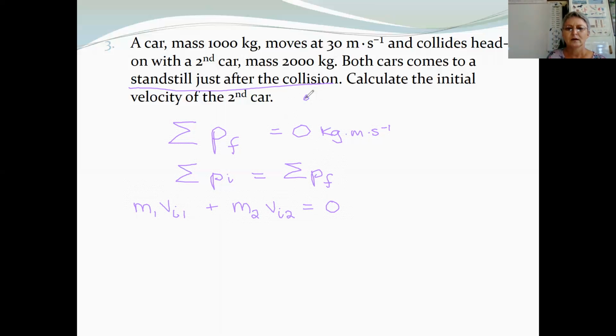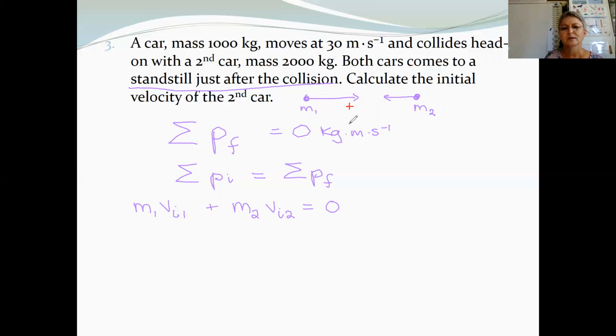Now, if car 1 was moving to the right, then car 2 would be moving towards it. We have two vector quantities, and we need to decide which one we're going to take as our positive direction.